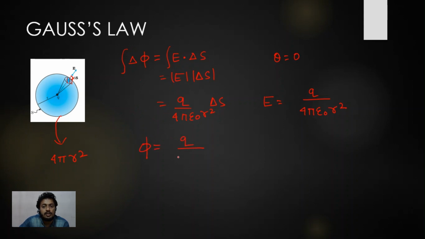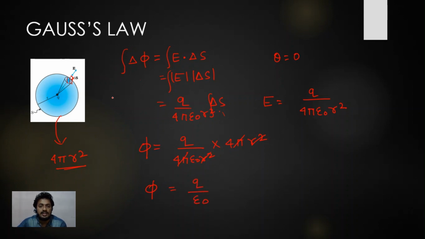So it will be Q over 4 pi epsilon r square into S. Here you are using full S because we have integrated this. Okay. So integrating this will give you 4 pi r square. Now you can see that 4 pi will be cancelled, r square will be cancelled. So flux will become Q by epsilon.